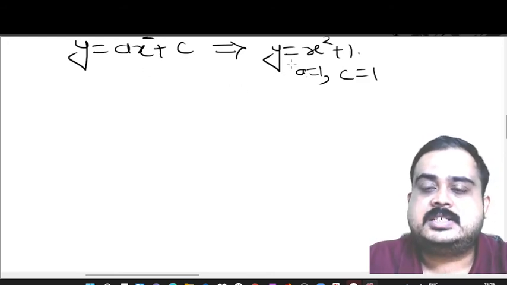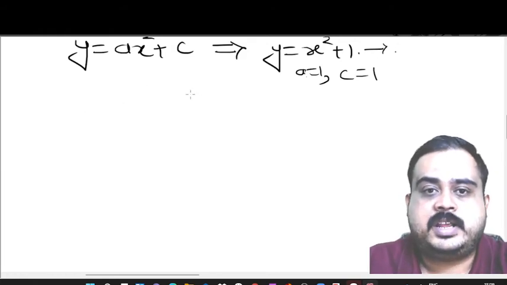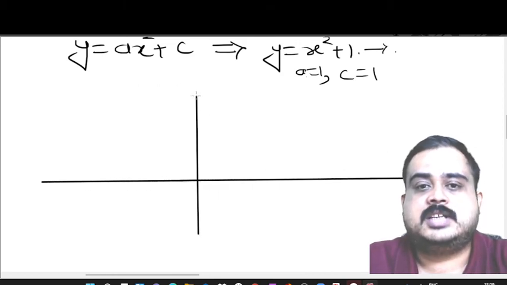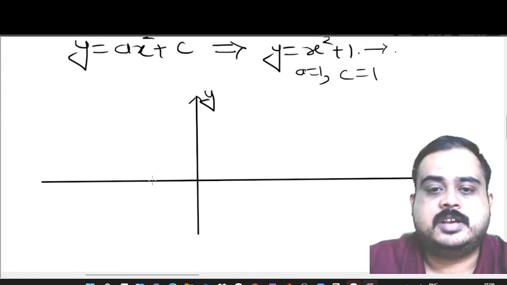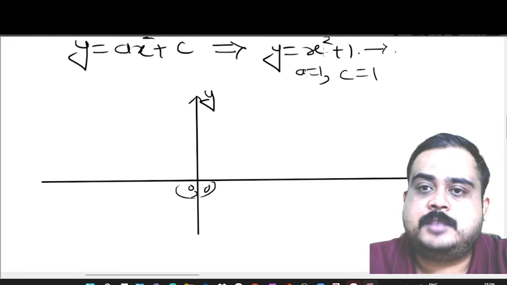Now let us try to plot this parabola. I am plotting the rectangular coordinate system here. This is our y-axis, this is our x-axis. Okay, this is the origin. Now y equal to x square plus 1.